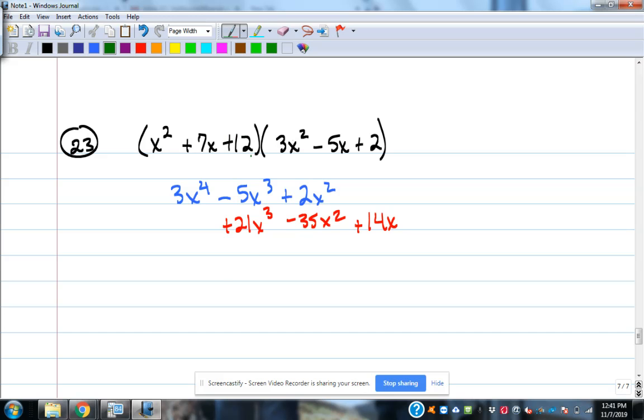And then the last piece is the 12. 12 times 3x squared would be 36x squared minus 60x plus 24.